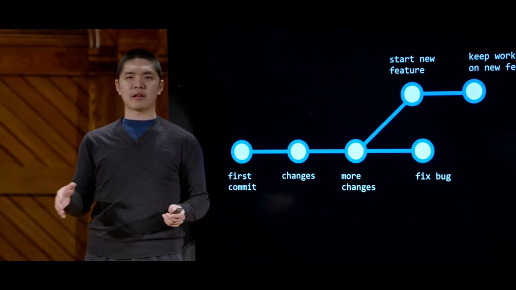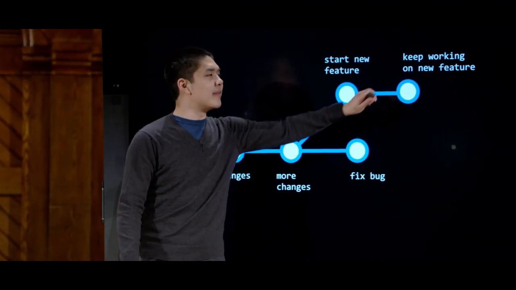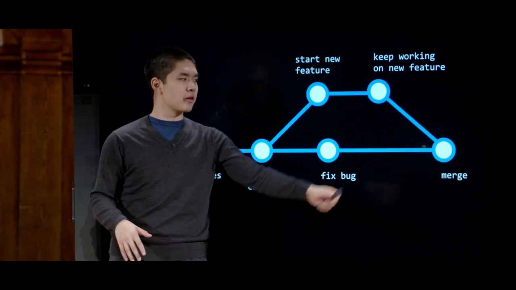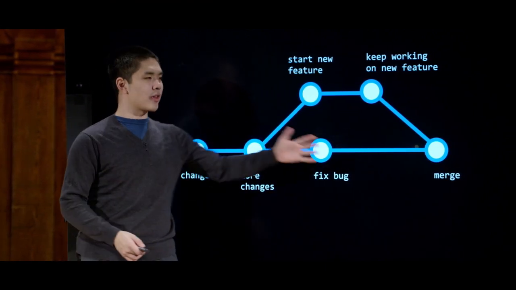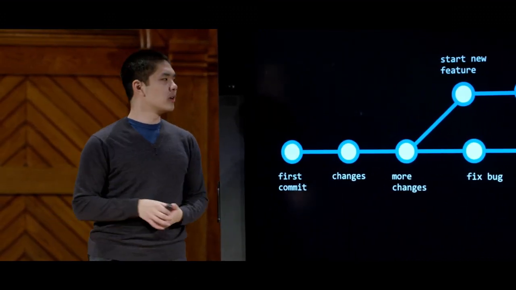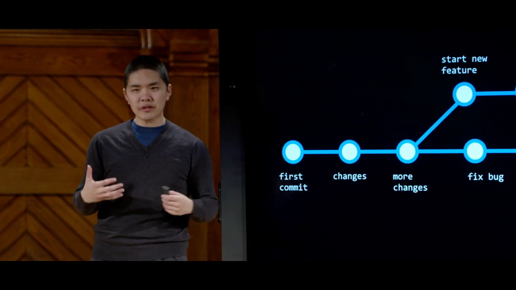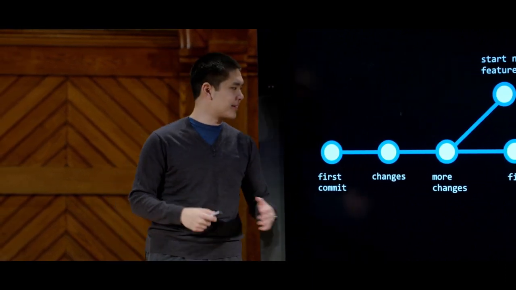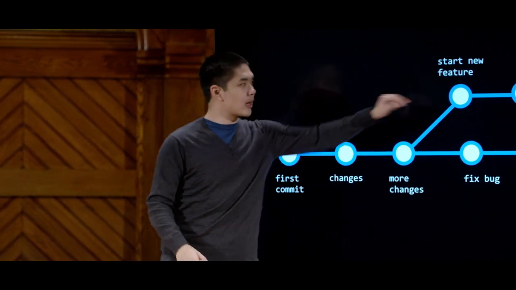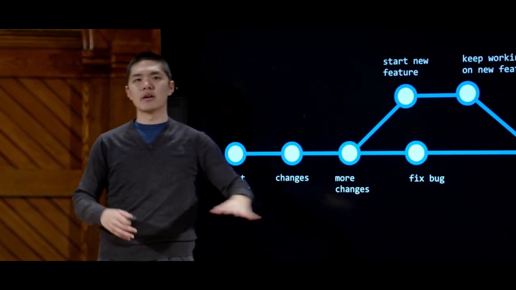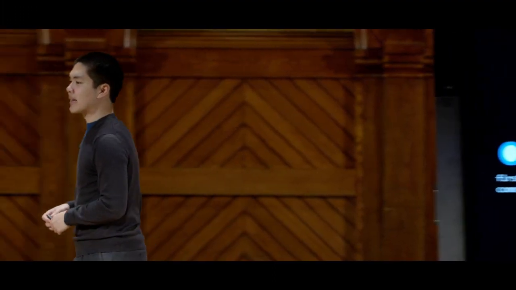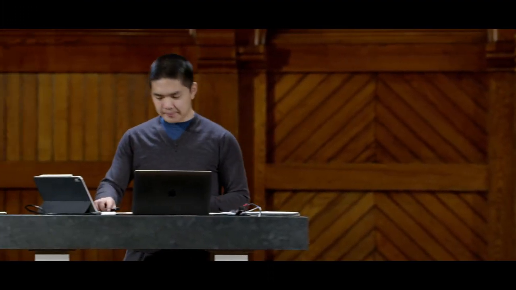And only when you're satisfied that this bug is fixed and this feature is in a satisfactory place, then after all of that, we can merge those changes back together so that everything comes back onto this unified master branch that now has all of the latest code. And that's the real power of Git branching, this ability to say that I would like to be working on multiple things simultaneously and be working on a feature without disrupting the master version of the code. So let's now take a look at an example of how we might go about doing that.